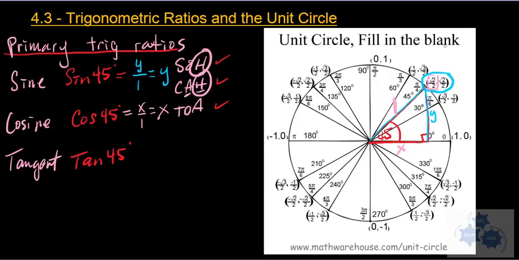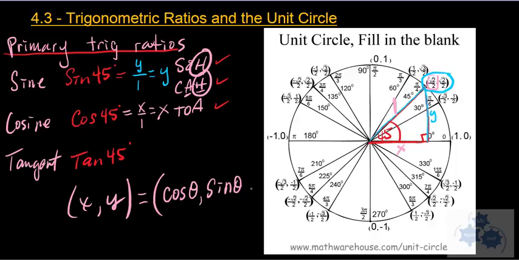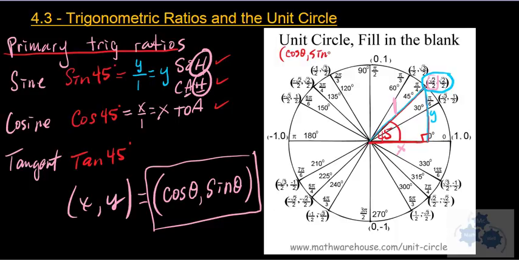The coordinates x and y are actually cos of whatever angle that point is connected to, and sine of whatever angle that point is connected to. So this is huge right here. We should write that down everywhere you can. These points are cos theta, sine theta.